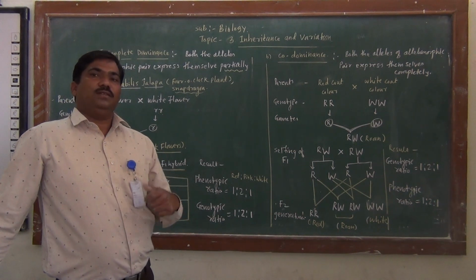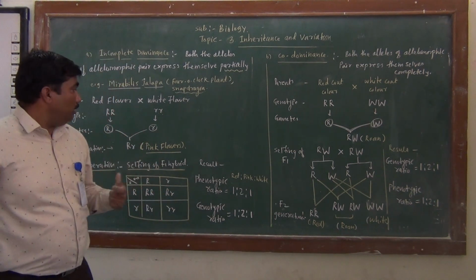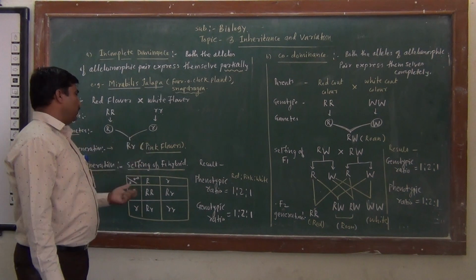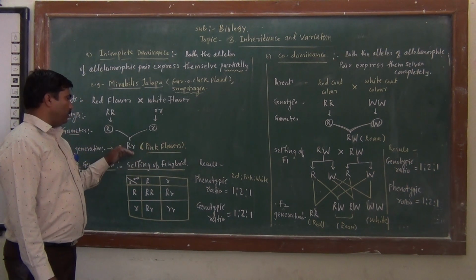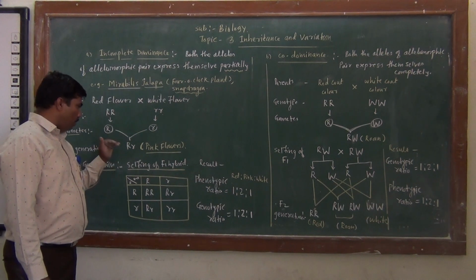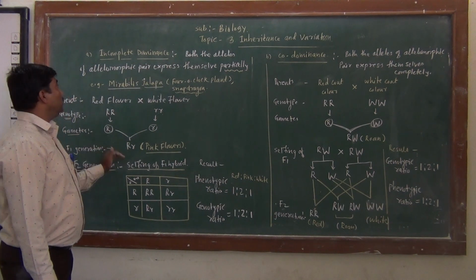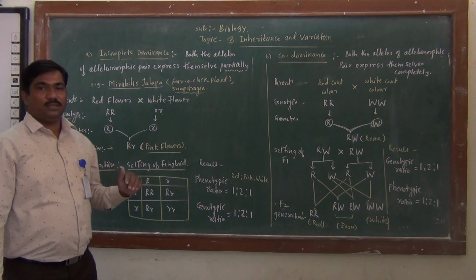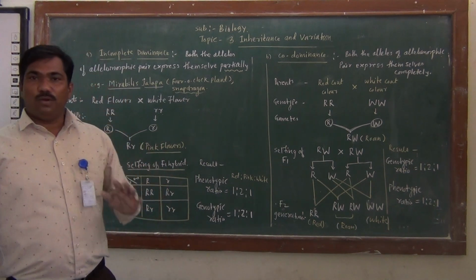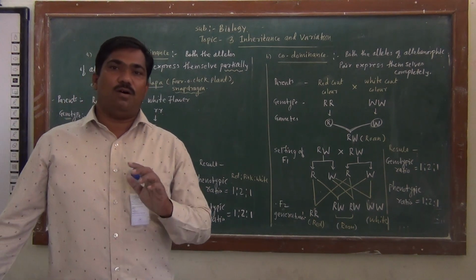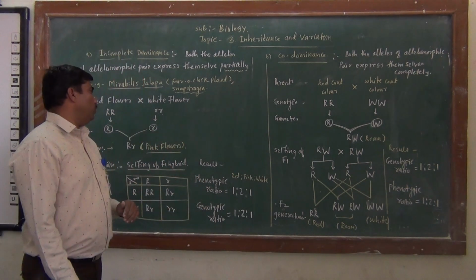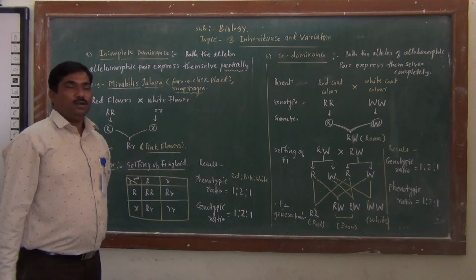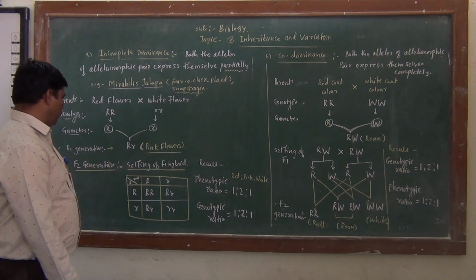Therefore, we get a new trait, an intermediate character, that is the pink flower. So this incomplete dominancy does not follow the law of dominance. It is an exception to the law of dominance.